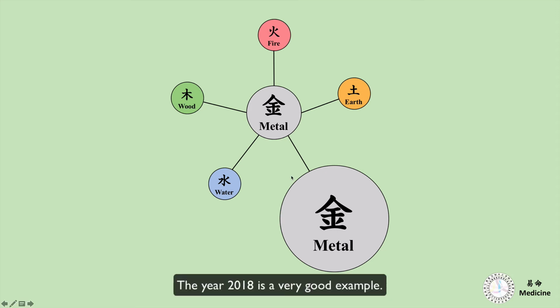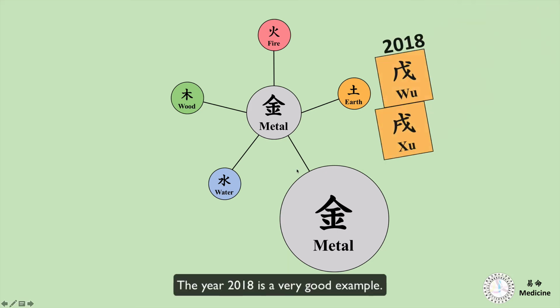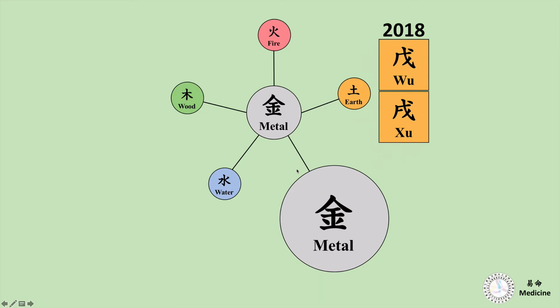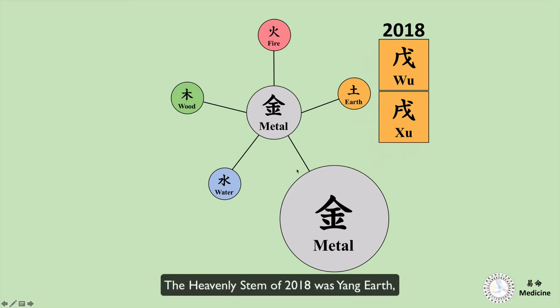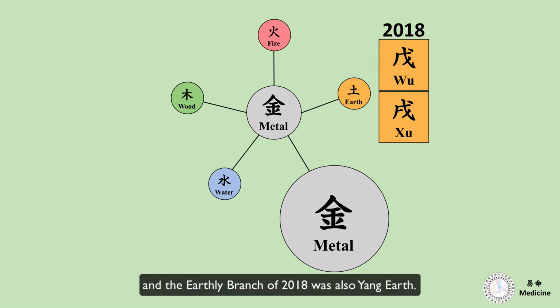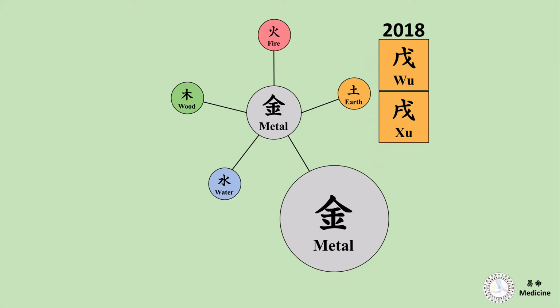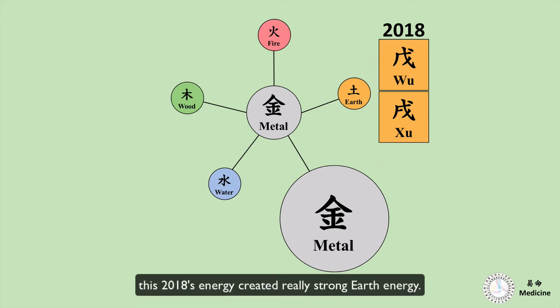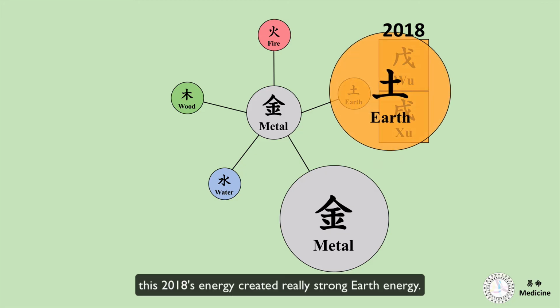The year of 2018 is a very good example for that. The heavenly stem of 2018 was young earth, and the earthly branch of 2018 was also young earth. We'll learn that later, but in this situation, this 2018's energy created really strong earth energy.